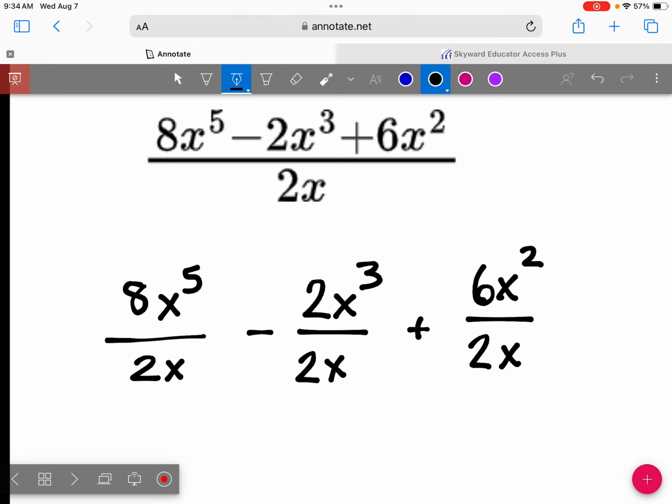So we're going to break it apart into separate pieces. So it's like the opposite of trying to make it have the one common denominator. Because then I can just look at each of these little fractions individually and simplify them.